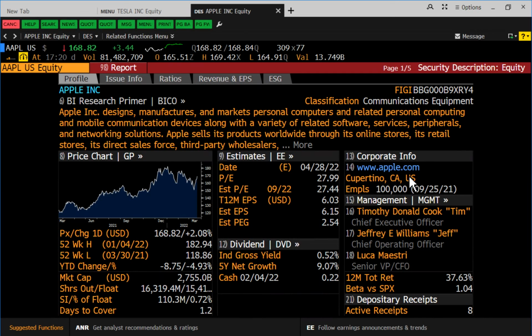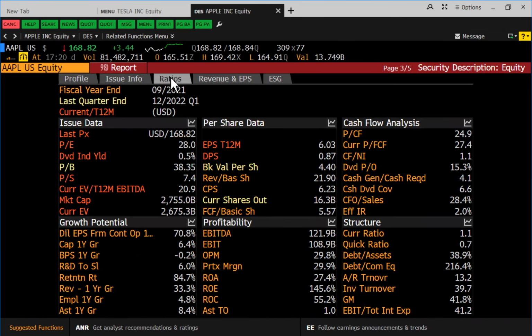Its headquarters is in California. Its management team, the top management, so the CEO, COO, and also you can look at its ratios here, the basic information about the financial ratios. Are they having good financial health? Okay, so here you're going to see all of those numbers calculated based on their financial statements.